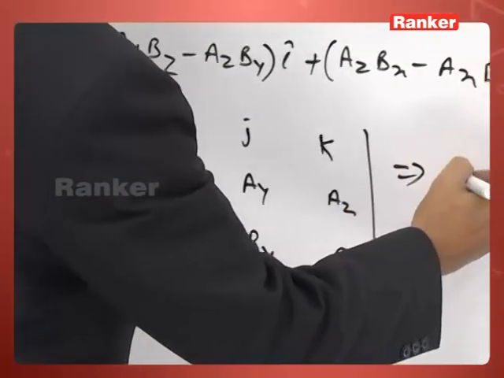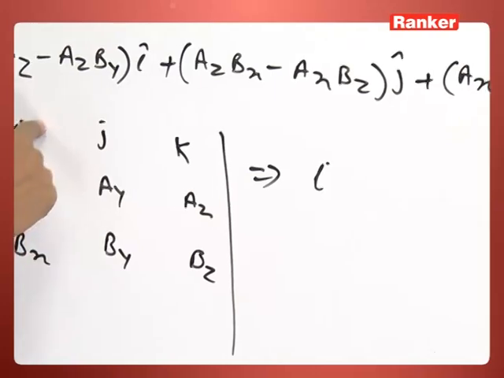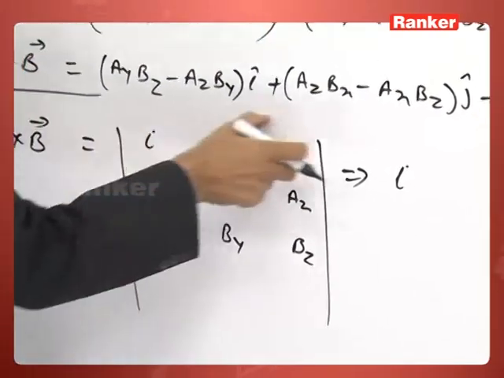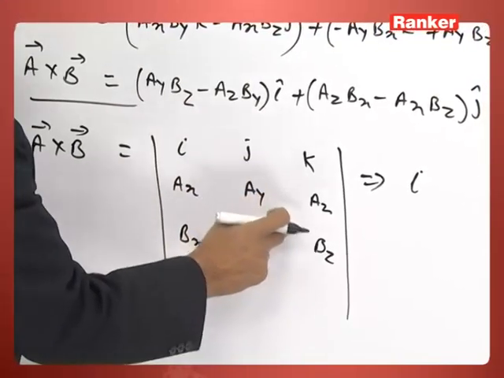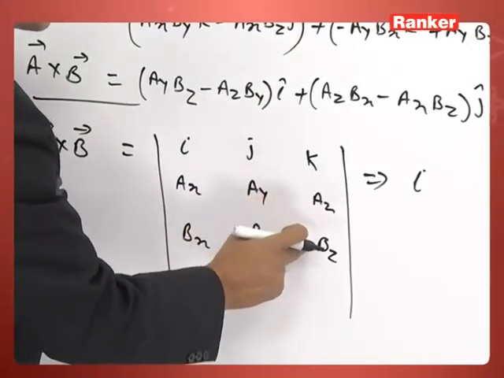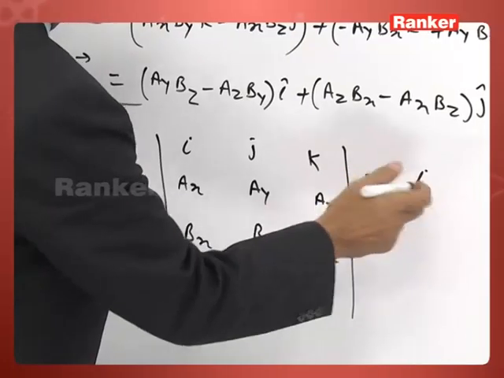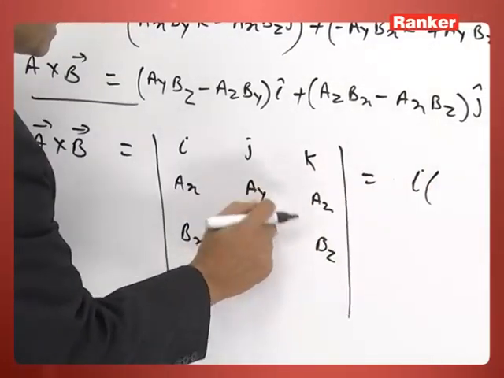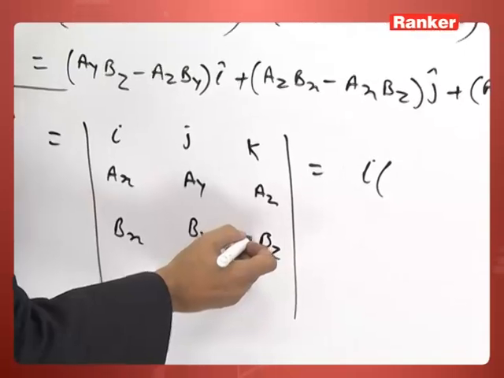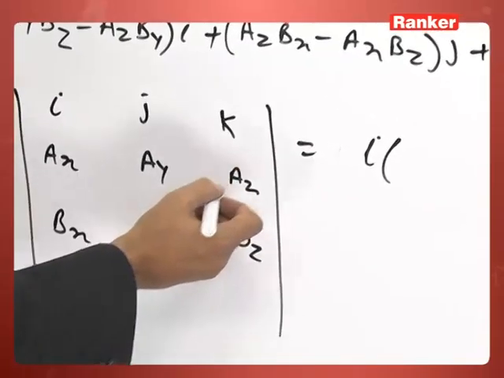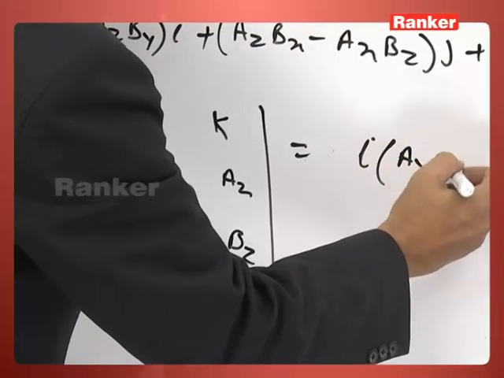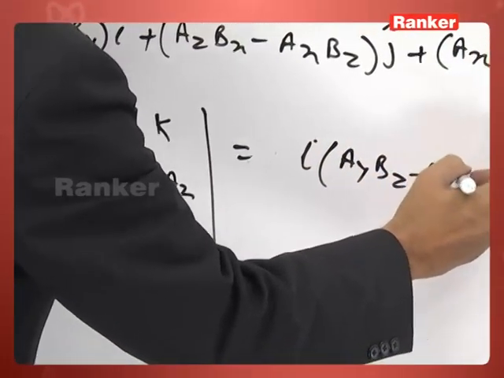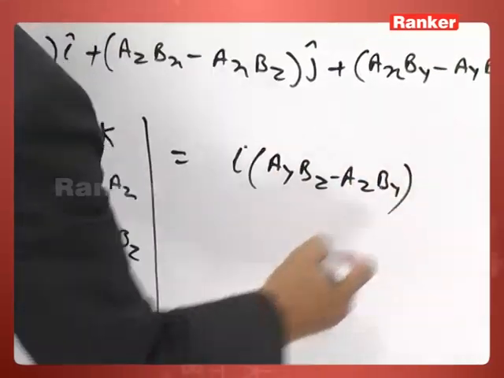How are we solving? For i, just leave this row and column, then whatever is left, cross multiply. So this is equal to i times ay bz minus az by.